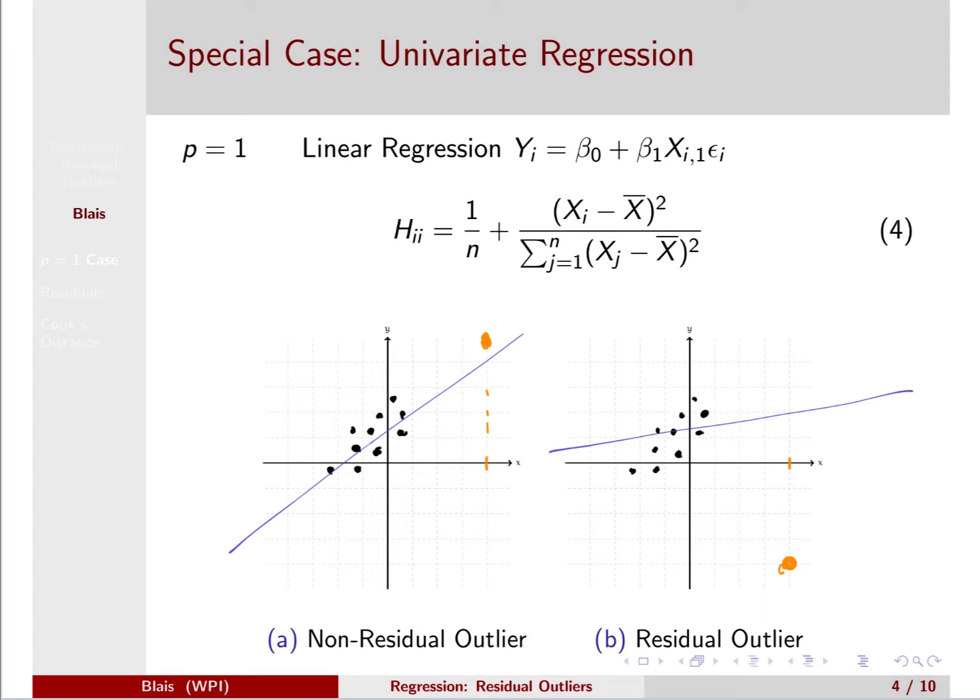But again, the high leverage of the ith observation in this case just tells us that we're far to the right of the cluster. But we want to be able to discern between this non-outlier and this outlier case in terms of the y value. And the secret for that will come in this distance, the vertical distance between the fitted value and the observed value in the ith case.